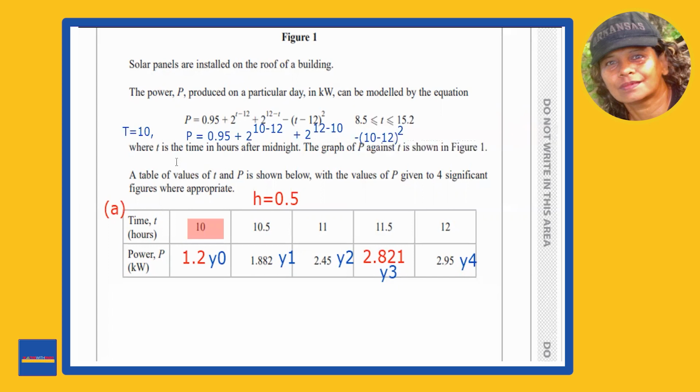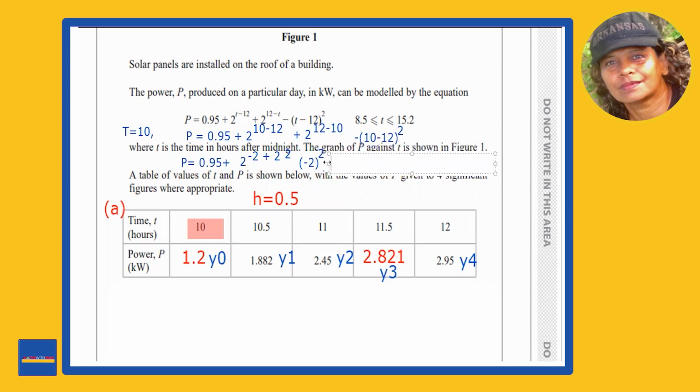If I simplify this, I end up with P is equal to 0.95 plus 2 to the power 10 minus 12, which is 2 to the power minus 2, plus 2 to the power 12 minus 10, which is 2 to the power 2. Then I have minus of 10 minus 12, which is minus 2, so minus 2 squared.